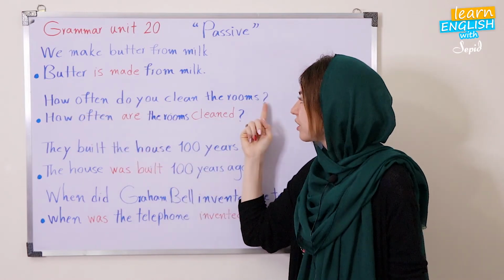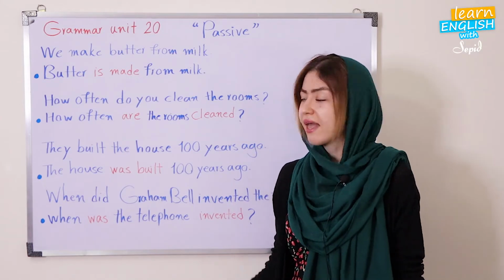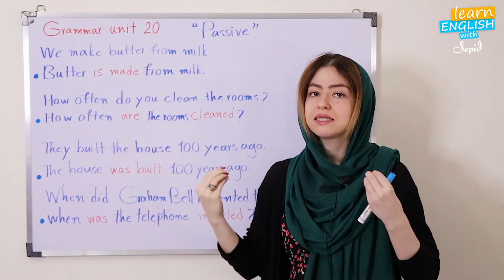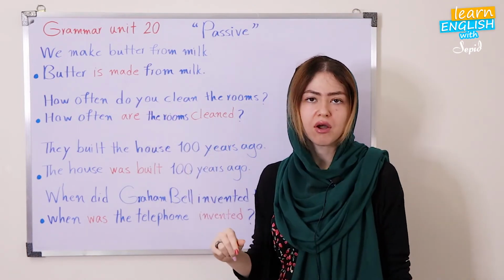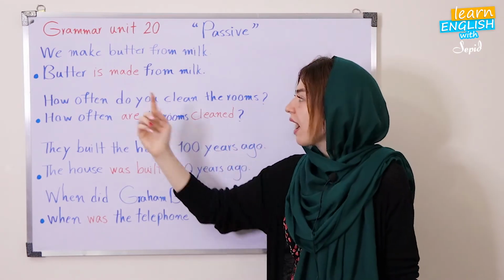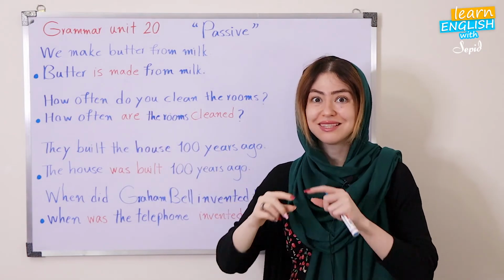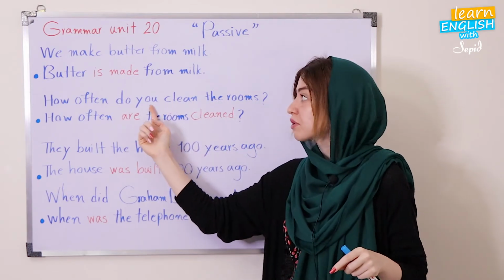How often do you clean the rooms? Again, this is a question in simple present tense. So we don't want to add you here. We are only interested to know how often they clean the rooms. The important piece of information is cleaning the room, not the person.